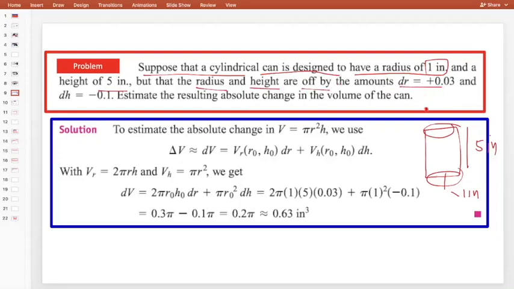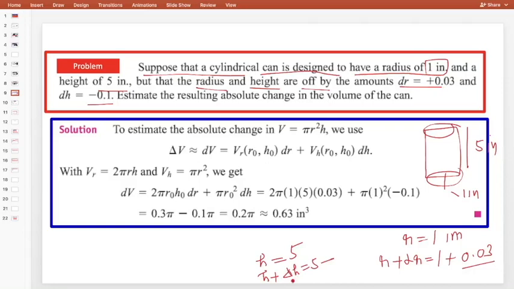Initially the radius is 1 inch, now they are changing r plus del r, where del r is 0.03 inch, and the height change is minus 0.1. Initially the height is 5 inch, now they have changed h plus del h, where del h is minus 0.1. Then estimate the resulting absolute change in the volume.